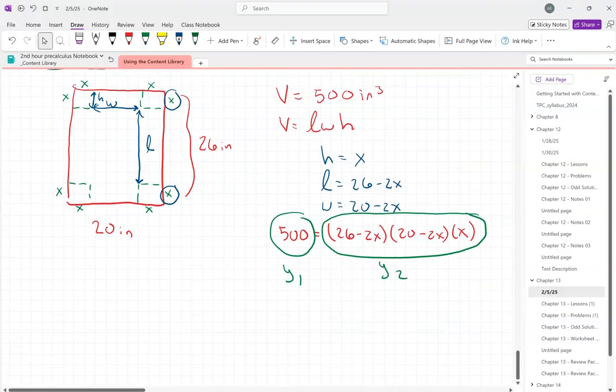Okay, before I do that though, I want to think about some sensible values so I can pick my window. What is the biggest possible value for x? Obviously x could be 0, but what's the biggest possible value for x here? Take a look at the equation, see if you can see it.